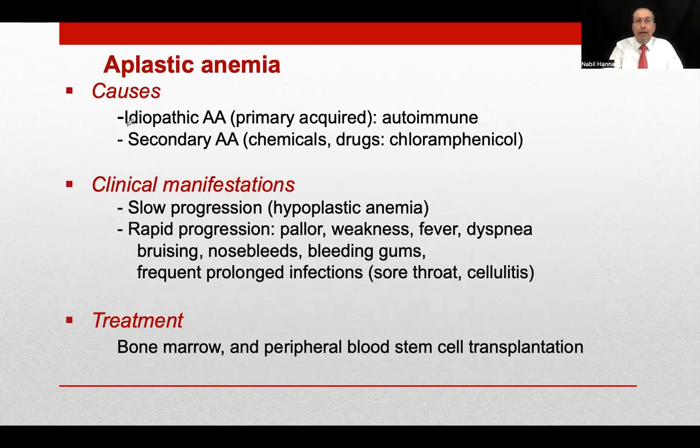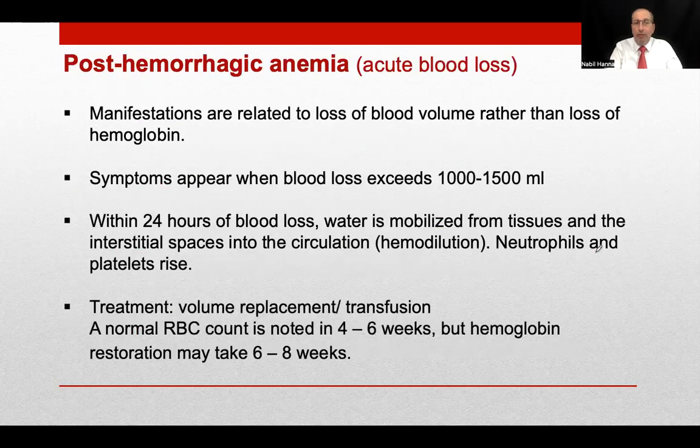Aplastic anemia could be idiopathic, we don't know why, or could be induced by chemicals, drugs like an old antibiotic, chloramphenicol, used to cause this aplastic anemia. If it is slowly progressive, we call it hypoplastic anemia. And the treatment can be blood transfusion or even bone marrow transfusion, bone marrow replacement.